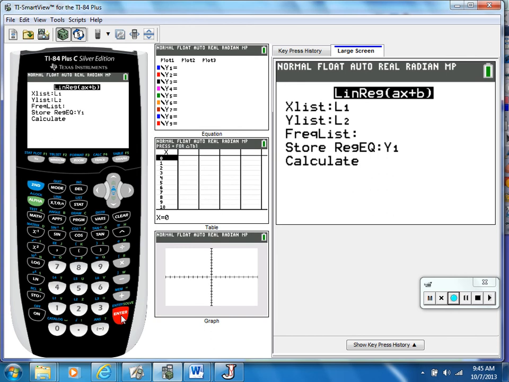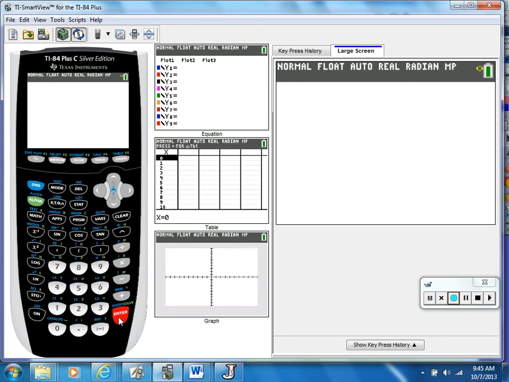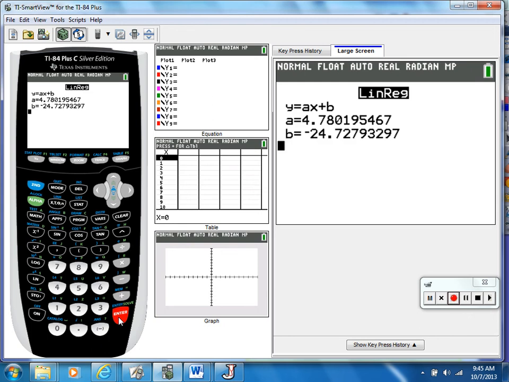And notice how it just popped Y1 right there for me, didn't it? So now I'm going to click the down arrow again. And now it has calculate highlighted, because now it wants to do all of the math and figure out the equation for us. So I'm going to click enter on calculate and give it a minute. It's thinking, and there is the equation.